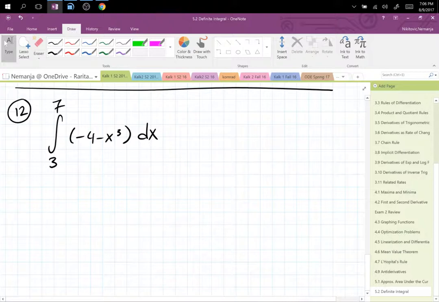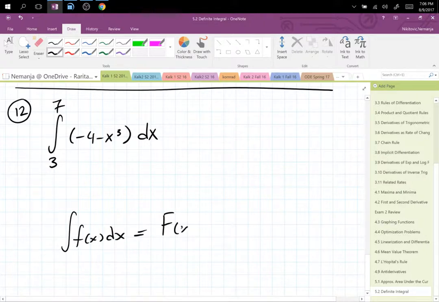Plus c. Great question. What happened to the plus c, and why don't we have the plus c? Observe this. I'm going to erase it. When we integrate f of x dx, we get the antiderivative plus c computed from a to b.